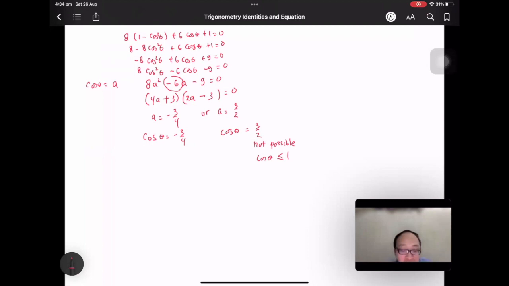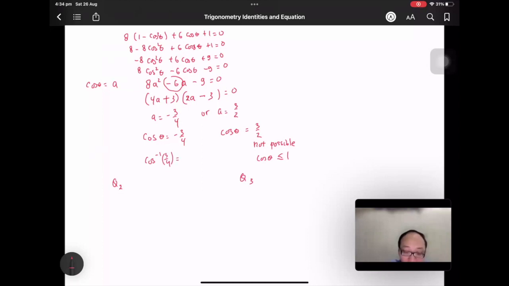So now we can find it in cos theta equals negative 3 over 4. We know that cos is negative in the second quadrant and in the third quadrant. Let me try to find the value of cos inverse 3 over 4.